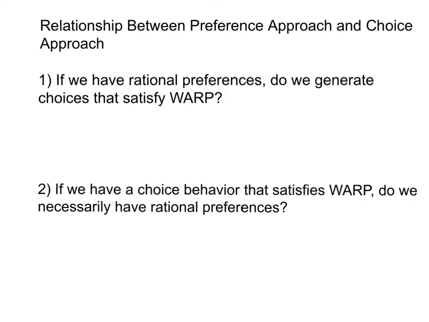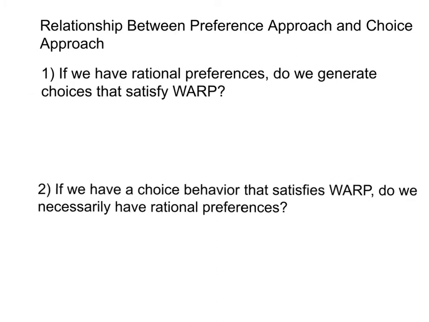But in order to understand what it means for a preference relation to generate a choice structure, remember, a choice structure is a description of all possible budget sets and a choice rule. And here we have a choice rule generated by the preference relation, C star. That's our choice structure.